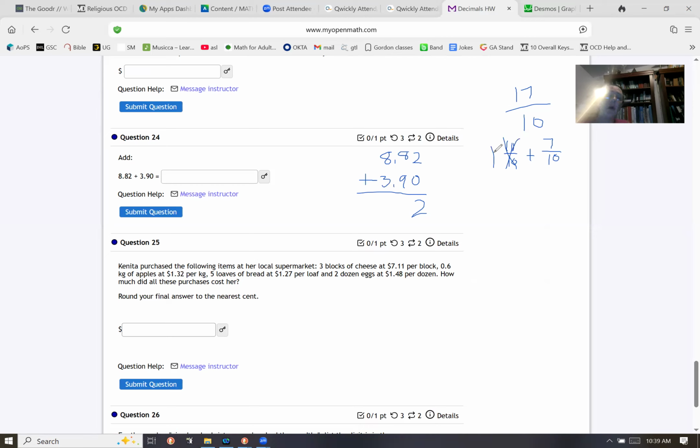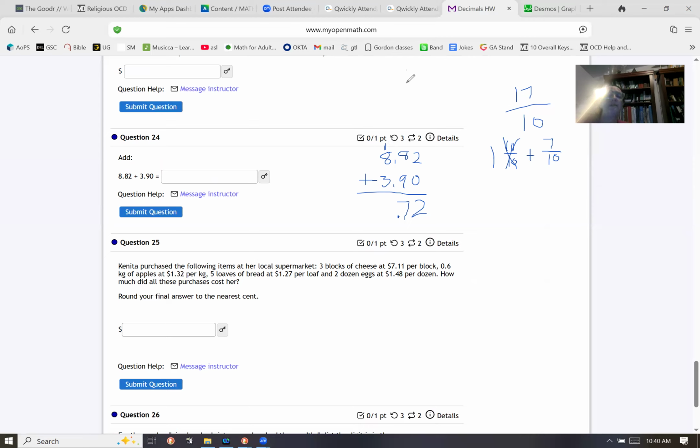So now we can put this 1 whole here with the ones place, and we still have the 7 in the tenths place. That's why back in elementary school, you were taught to carry the 1. It's because 10/10 is the same as 1 whole. Now we have 8 ones plus 3 ones plus 1 one. What's 8 plus 3 plus 1? Somebody give me that. That's correct, it's 12.